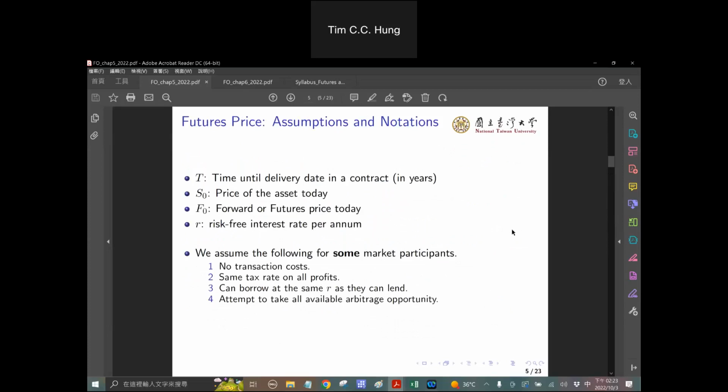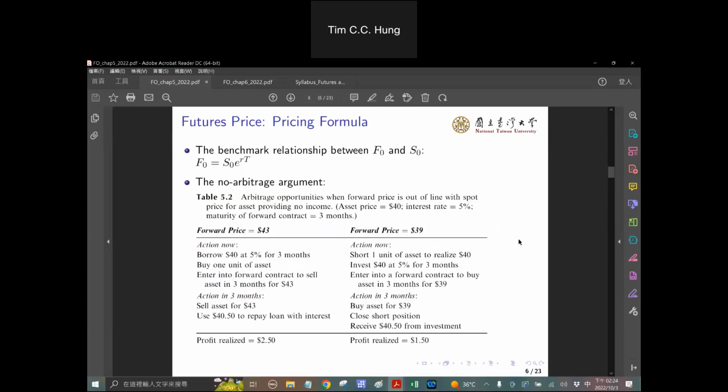Then, how do we conduct pricing for such contracts? Basically, we do the pricing through the so-called no arbitrage arguments. We try to see what is the correct price that will not leave room for arbitrage opportunities. That's how we construct our strategies.